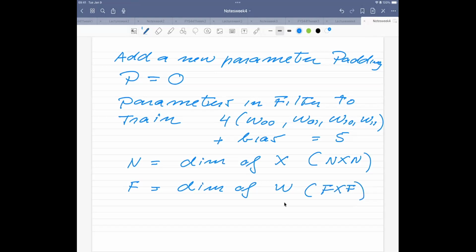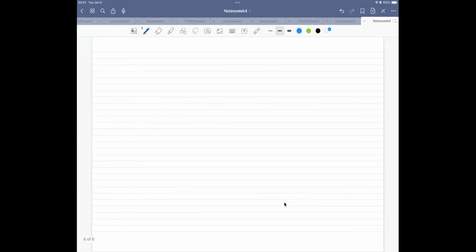And if we then look at the dimensionality of the output, it's actually pretty easy to see that that dimensionality, which I'm going to call N2, the final one, in this case, is given by N.